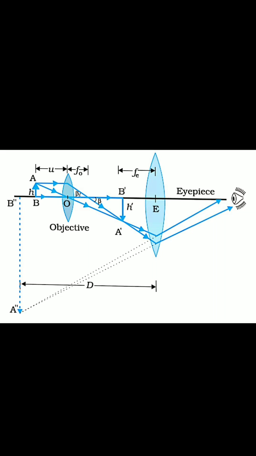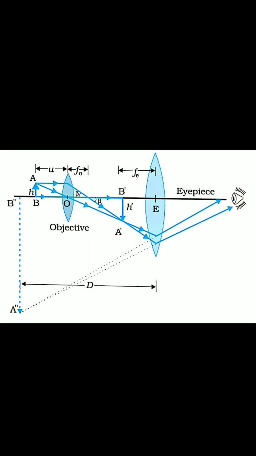So let's find the magnifying power. The magnifying power of a compound microscope is defined as the ratio of the angle subtended at the eye by the final virtual image to the angle subtended at the eye by the object, when both are at the least distance of distinct vision. That means m equals beta by alpha.